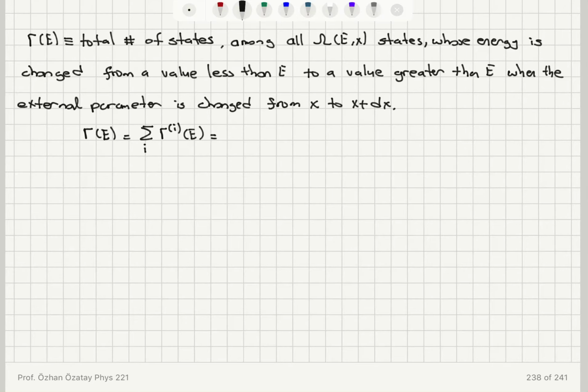Because I'm particularly interested in the ones moving above an energy E, this will be equal to the sum over I of the number of states whose response to changes in x lies in the range xi to xi plus delta x, multiplied by xi, and because this is in the summation, I'm isolating dx divided by delta E.